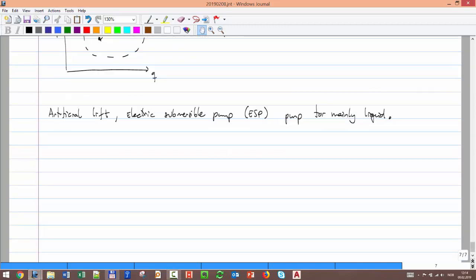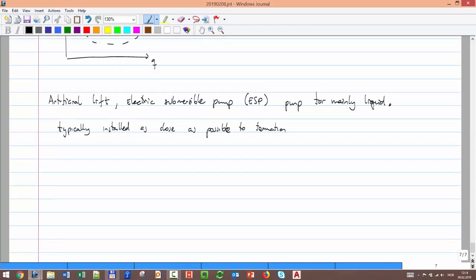the electric submersible pump is typically installed as close as possible to the formation. If we have our wellbore, we have our perforation someplace here, we have our formation someplace here.